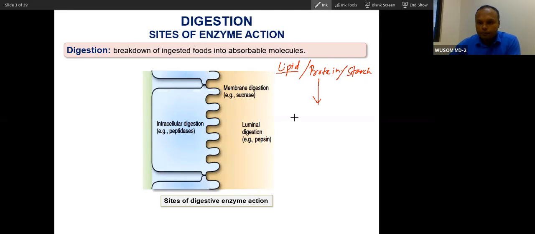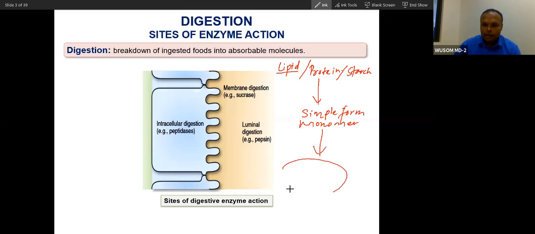This is called digestion. After this, it will be in simple form, or you can say monomer form. So it will reach your cell. Inside the cell, it will be further broken down by catabolism, or it can reassemble to form part of your cell. So there are two processes: one is catabolism and further breakdown, the second is anabolism.